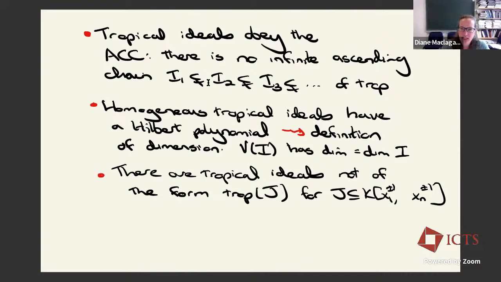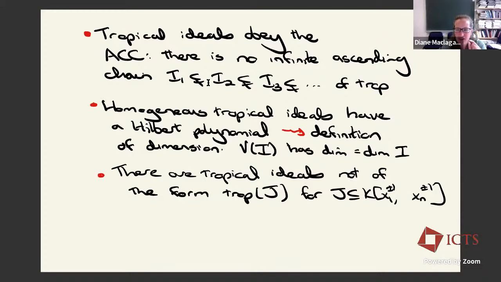But the problem is uniqueness. The issue is that the intersection of tropical ideals is not necessarily a tropical ideal. So you look at the usual basic definitions of primary decomposition and primary ideals, and it doesn't quite work.